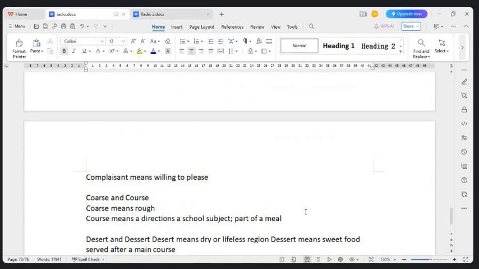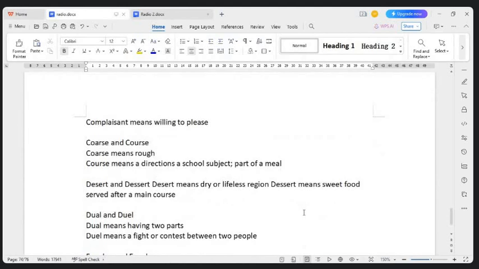Okay, course means direction, a school subject, or part of a meal. Dual and duel. Dual means having two parts, while duel means a fight or contest between two people.